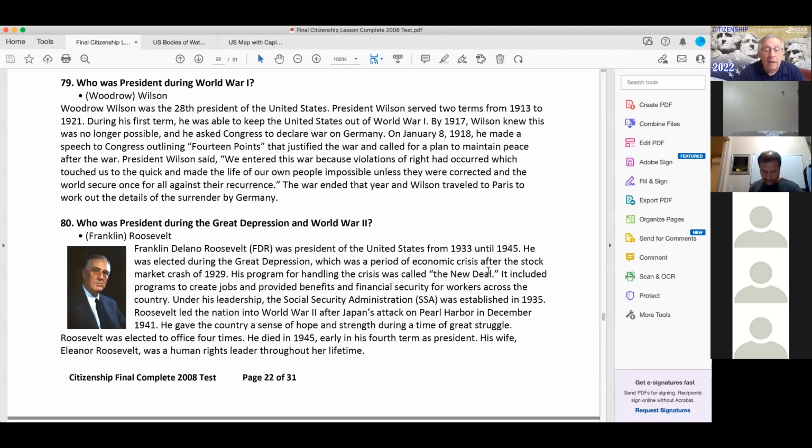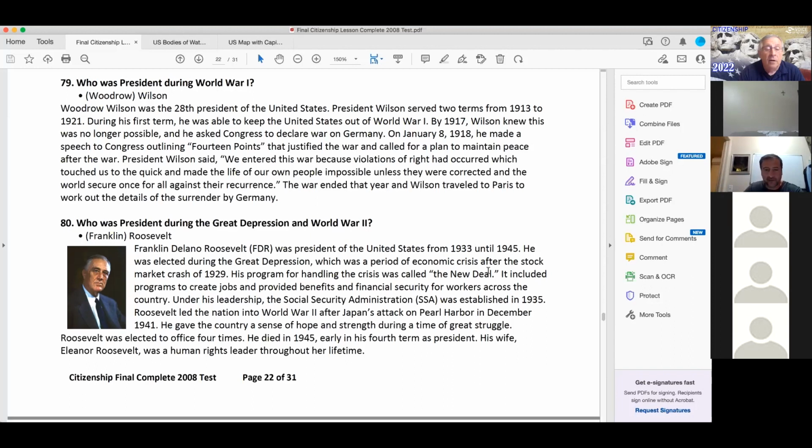When he ran for office, he said, "We will not get in the war." Finally, there was an act of war against one of our ships carrying passengers, and so the country changed its mind, and Congress declared war in January of 1918. The question is going to be, who was the president during this time?